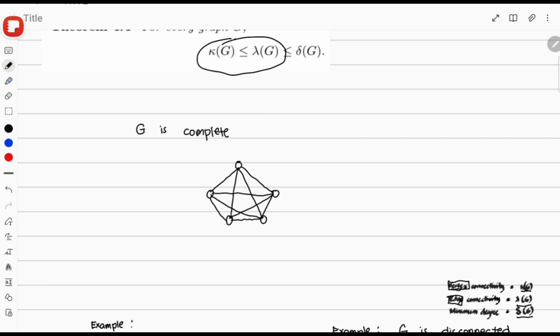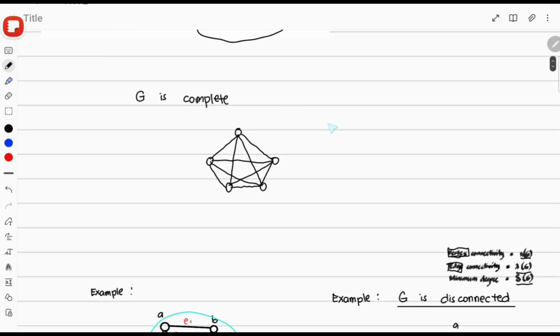So complete, our kappa of G is equal to lambda of G. Why?